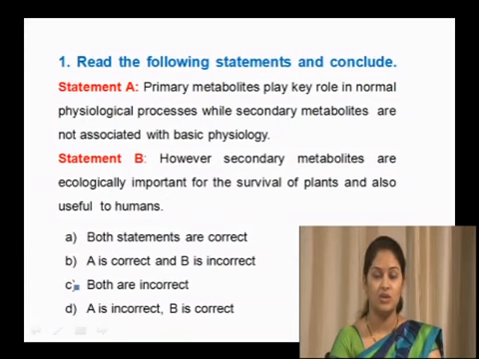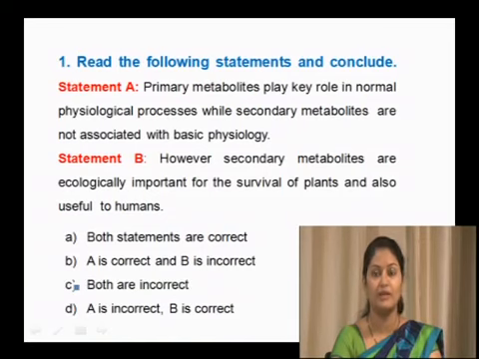And because these have antimicrobial property and different kinds of physiological functions, humans also use them as medicine. Say for example, vincristine and vinblastin associated with the plant Vinca rosea. These two chemicals, I repeat, vincristine and vinblastin, have anti-cancerous properties.